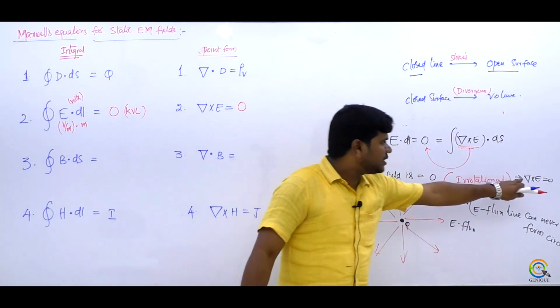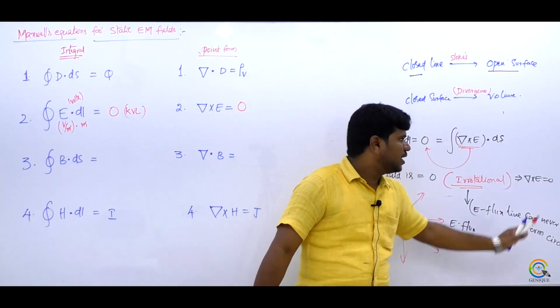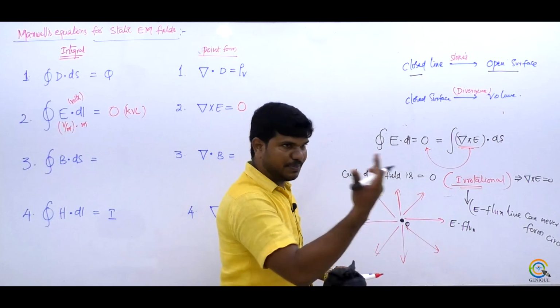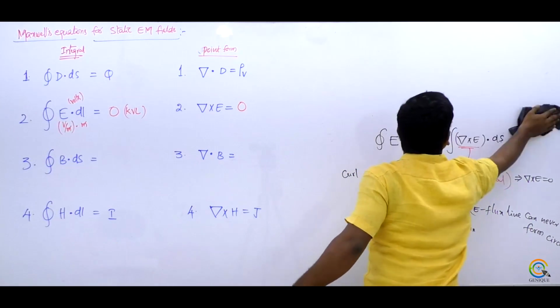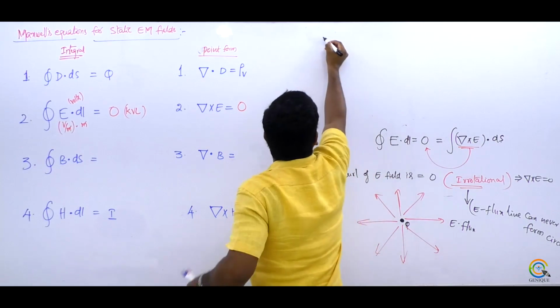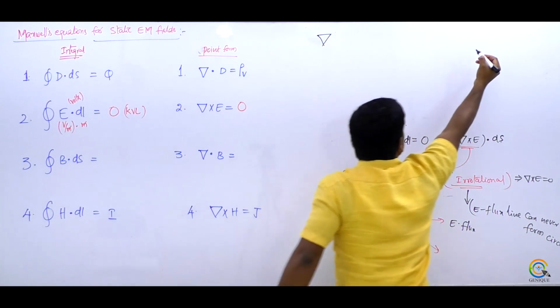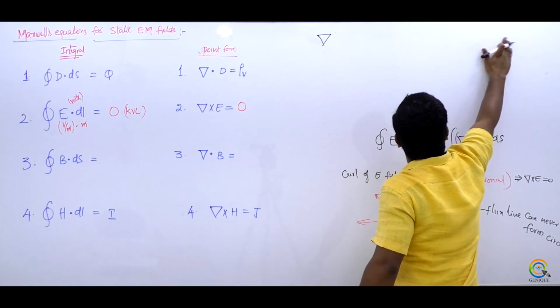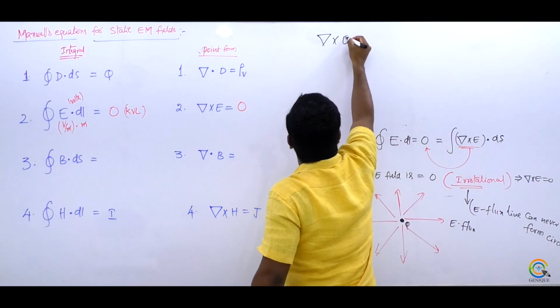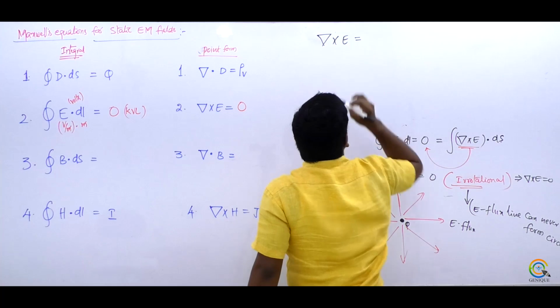But what is this actually? It is a del cross. The resultant will be something. Suppose you take A cross, del cross E. What is this del cross E?